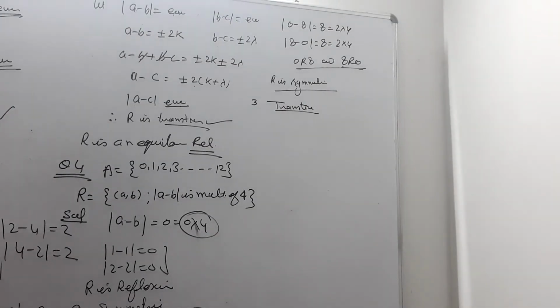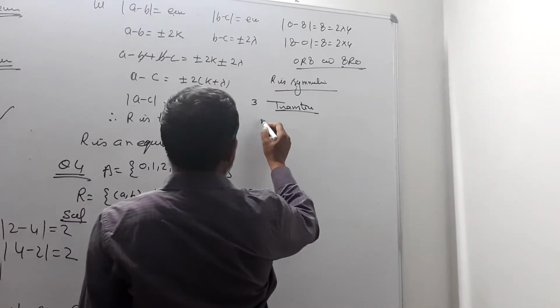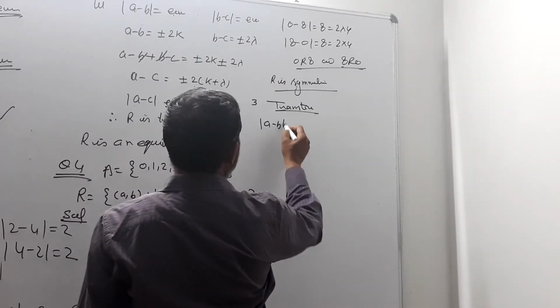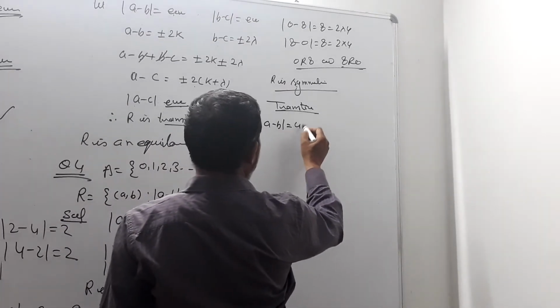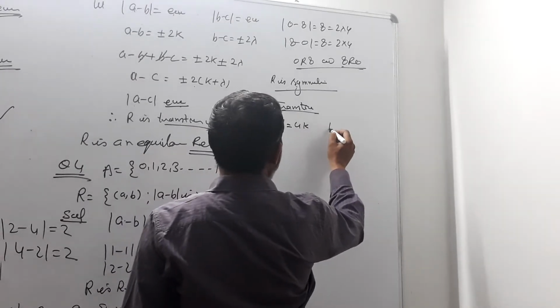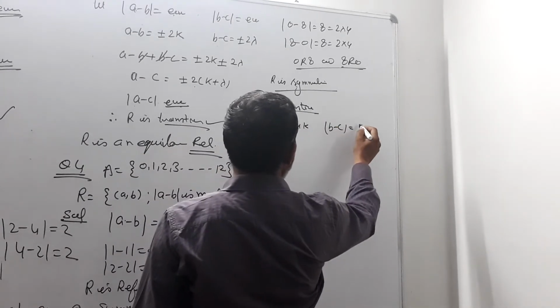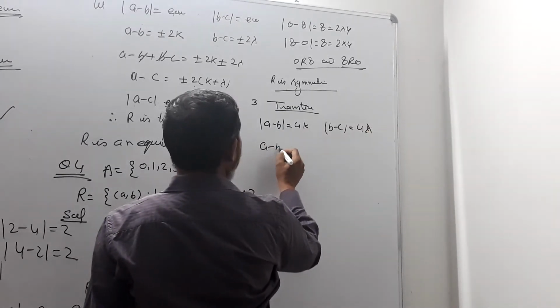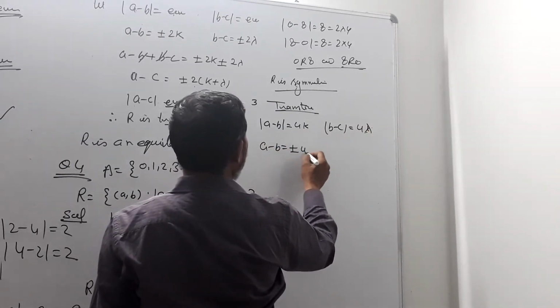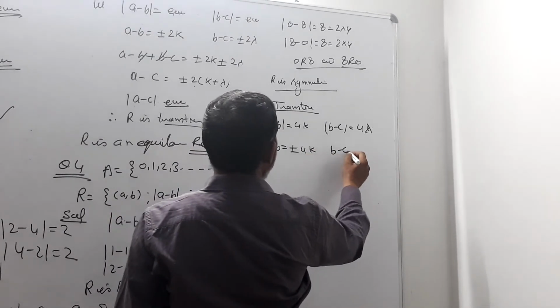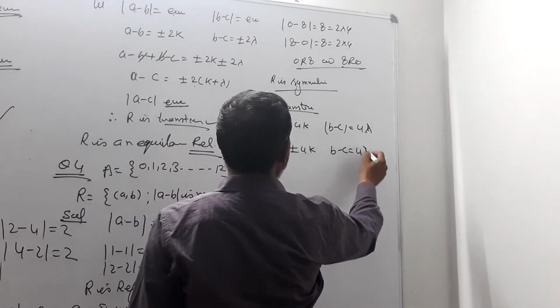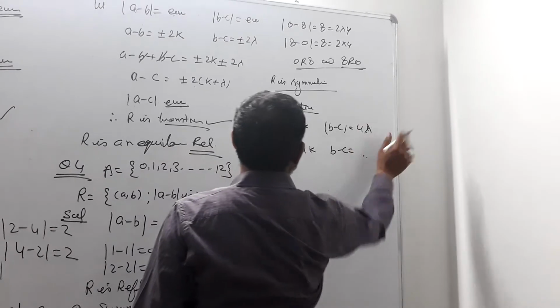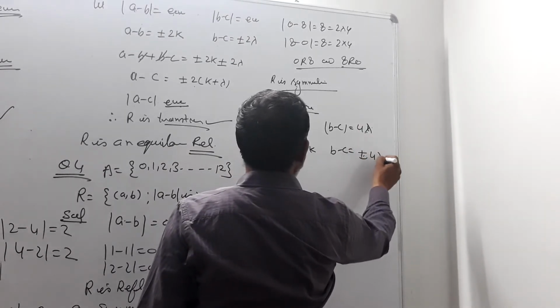Third part is transitive. Let me suppose that a minus b is a multiple of 4 times k, and b minus c is also a multiple of 4 times lambda. Then a minus b equals plus or minus 4 times k, and b minus c is plus or minus 4 times lambda.